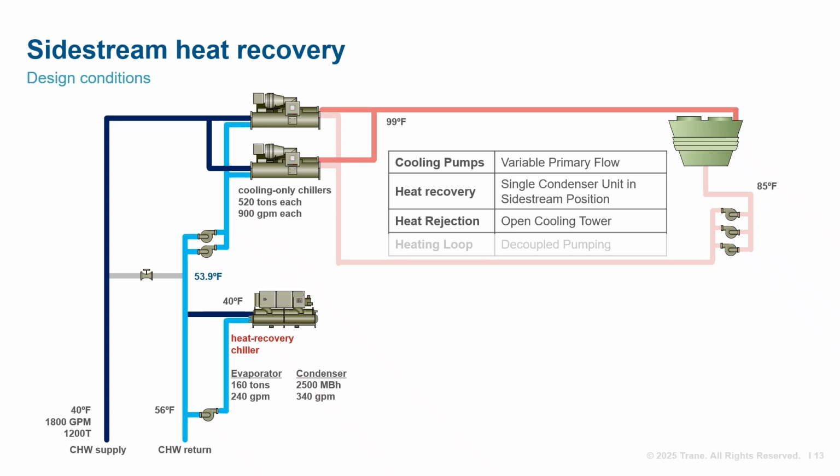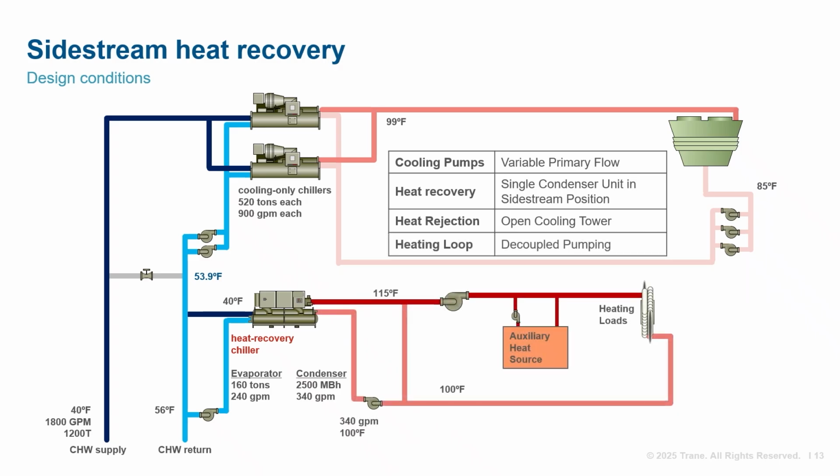Moving into the heating loop, chillers operating in heat recovery mode may be capable of controlling to either leaving evaporator or leaving condenser temperature. Because both hot and cold fluid pumps on the heat recovery chiller are constant speed, as the heating load decreases, the leaving evaporator temperature rises.